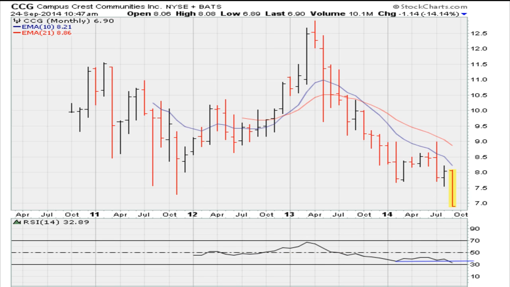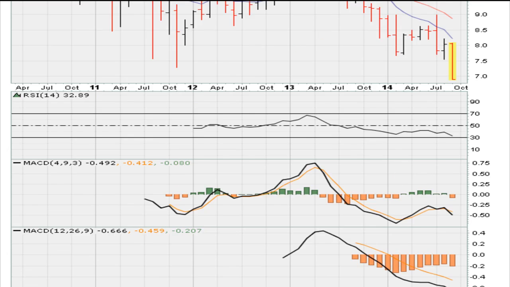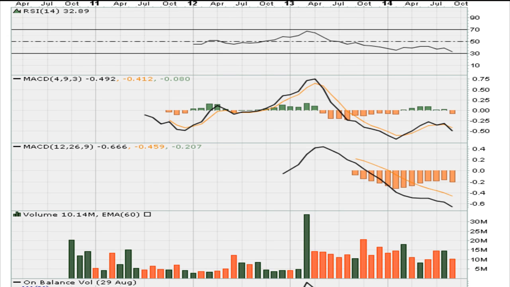Also, don't forget that as of right now it is moving to fresh RSI monthly lows, so even right now it is breaking down again. Anybody who can short this over time, you'd expect it to be moving lower. Recently broke below the previous monthly closing low there. Let's take a look at the MACDs, and you can see now the MACDs are already trading at 3-year lows.